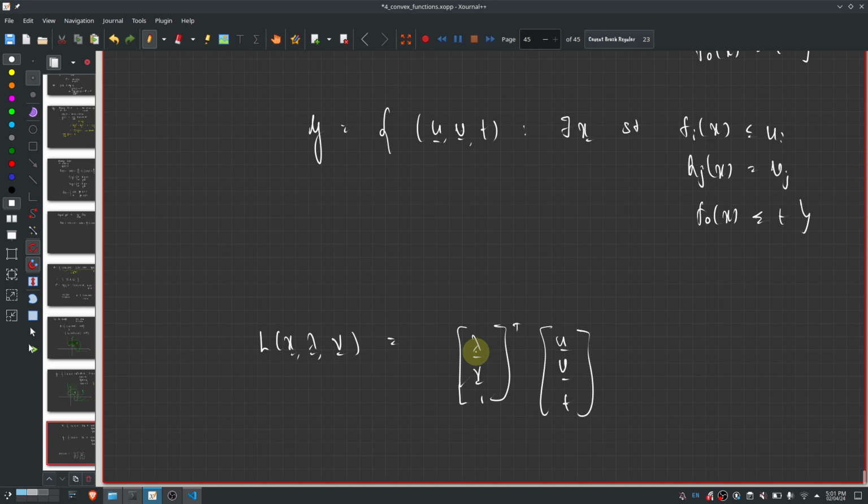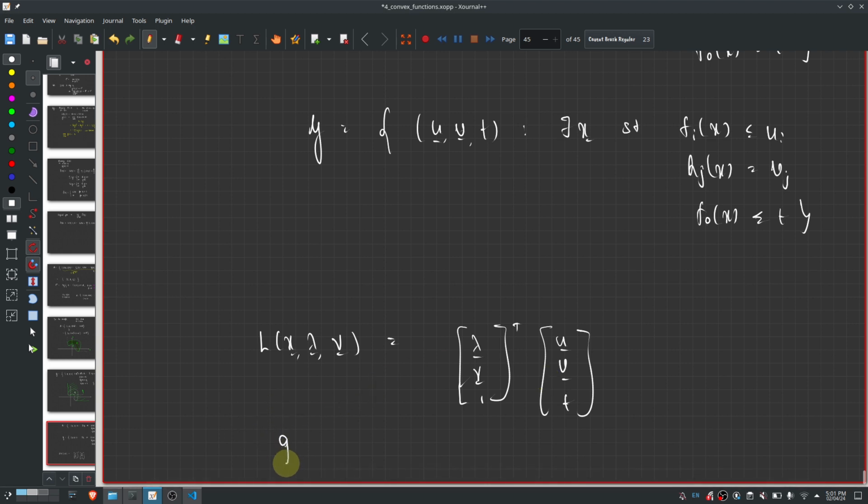You would basically get the inner product of lambda with u, plus the inner product of nu with v, plus t. This t corresponds to f0 of x. The inner product of lambda with u corresponds to the summation of lambda i fi of x, and the inner product of nu with v corresponds to the summation of nu j hj of x.